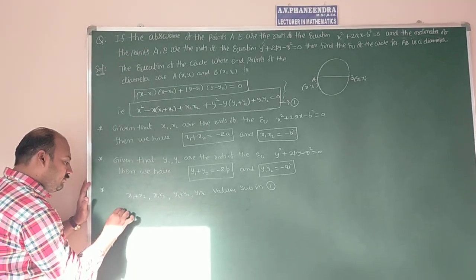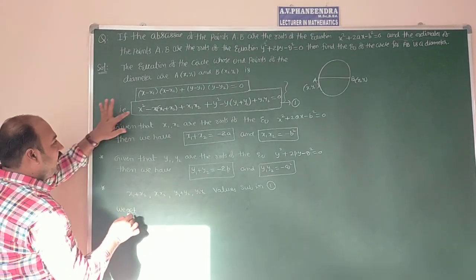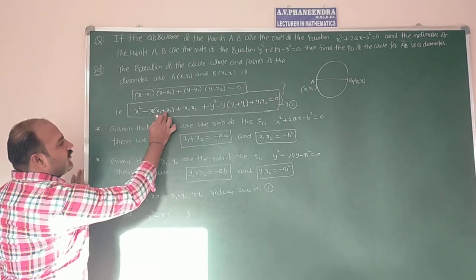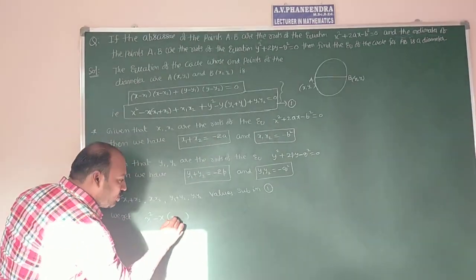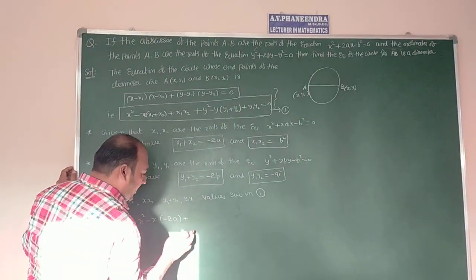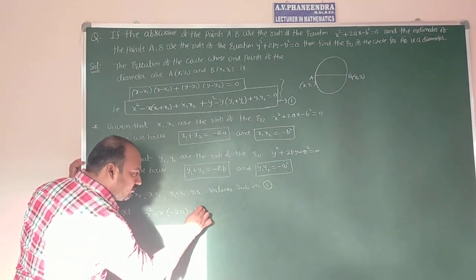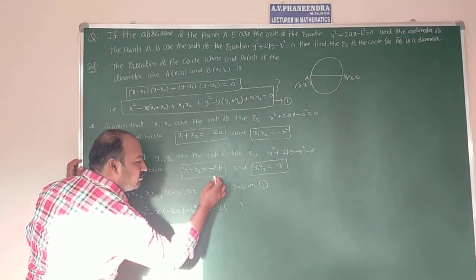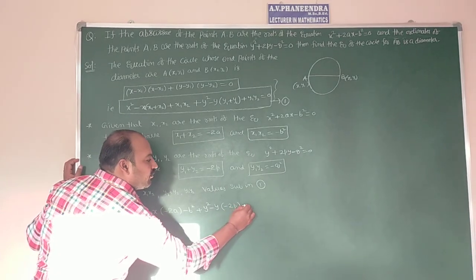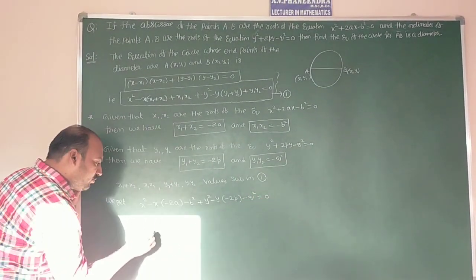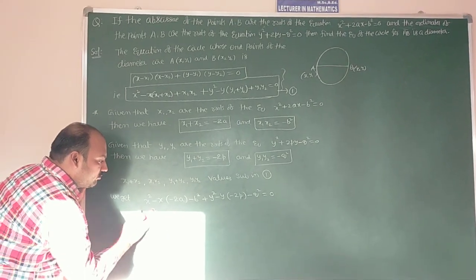Then we get x squared minus x into, in place of x1 plus x2, minus 2a, plus x1 x2, which means minus b squared, plus y squared minus y into, in place of y1 plus y2, minus 2p, minus y1 y2, which means minus q squared, is equal to 0.